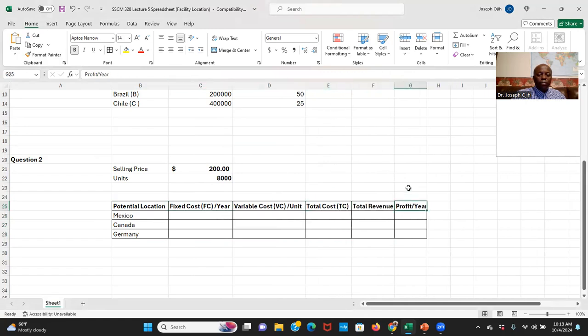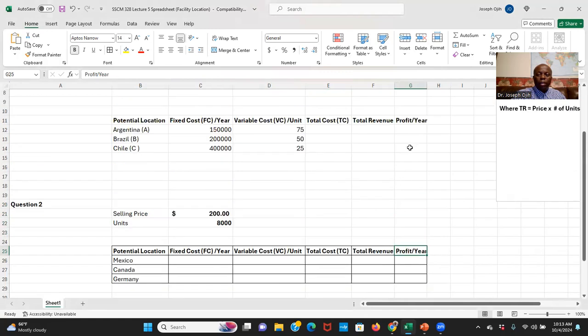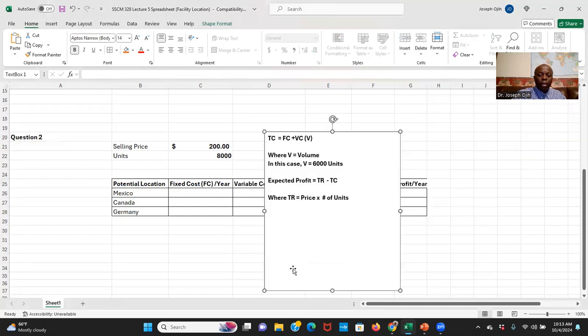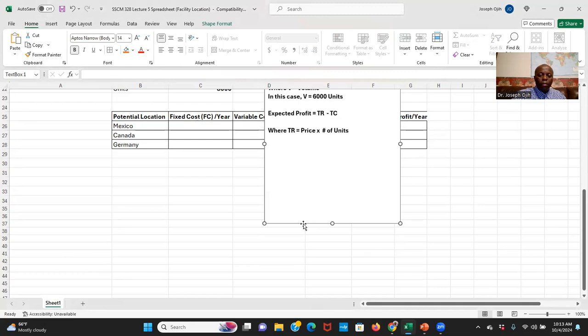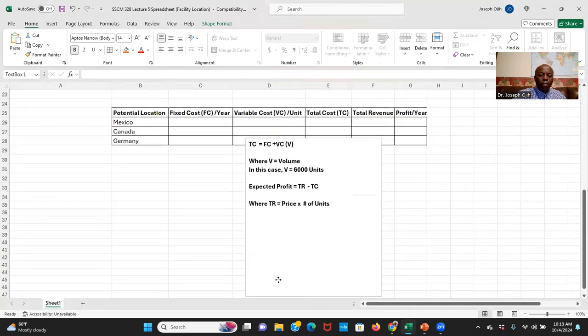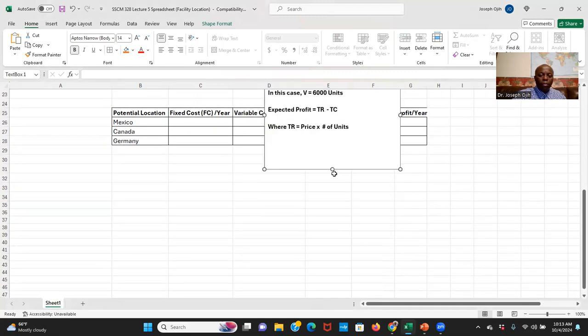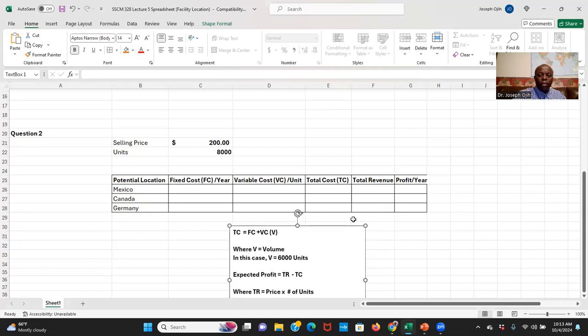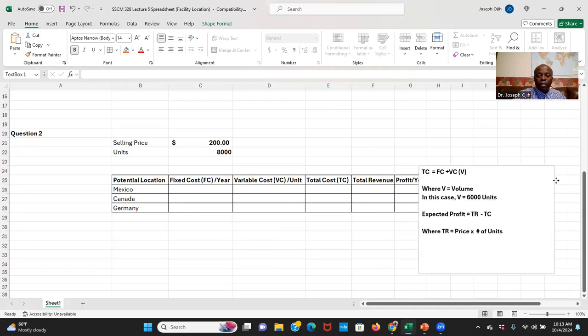Total revenue. And the formulas, I have them written down, so I'm going to bring them down here so you can see them as we do it. Or I can even put it on the side. Yes, let me put it on the side. That'll be better.